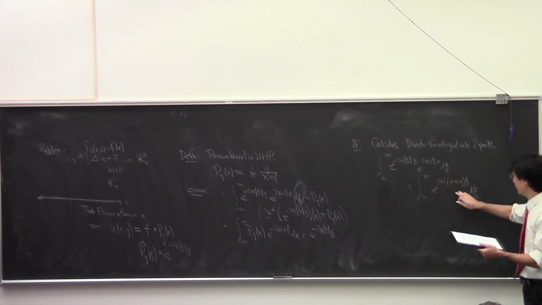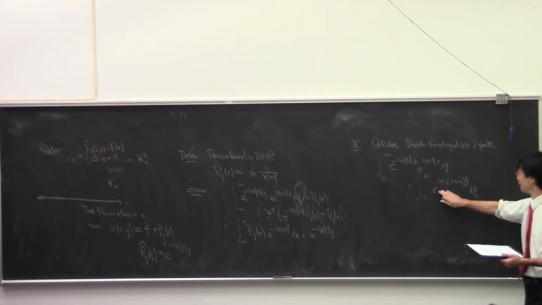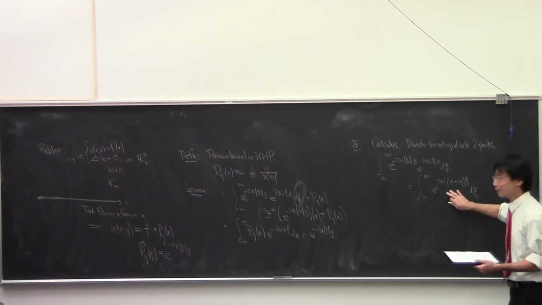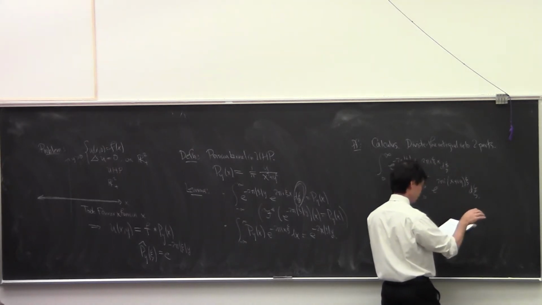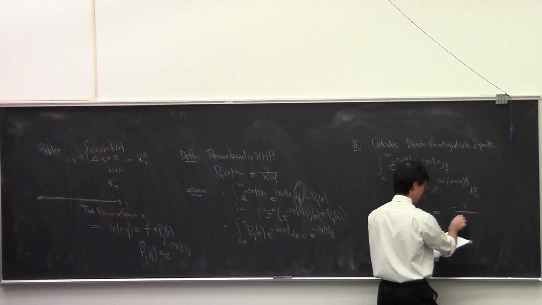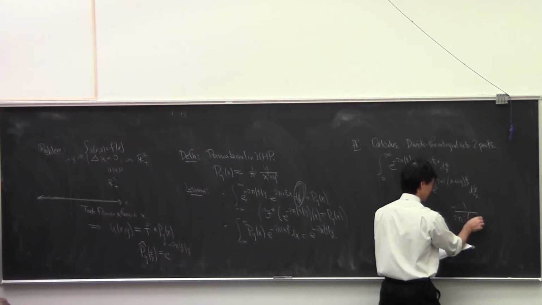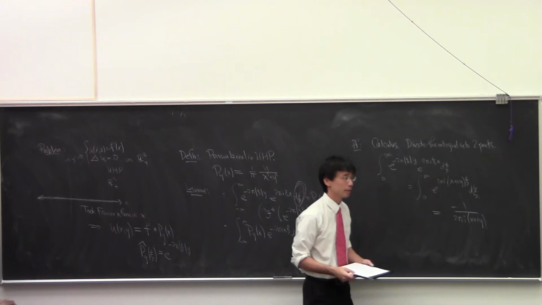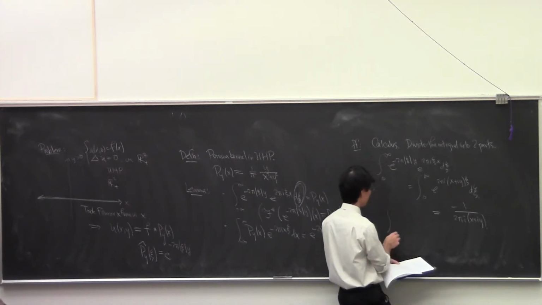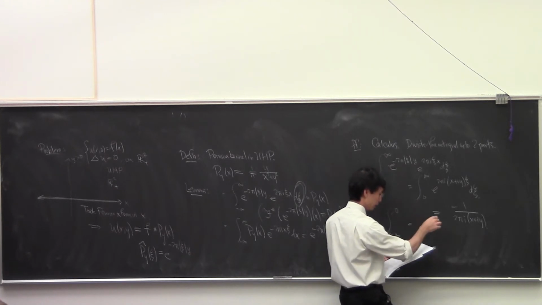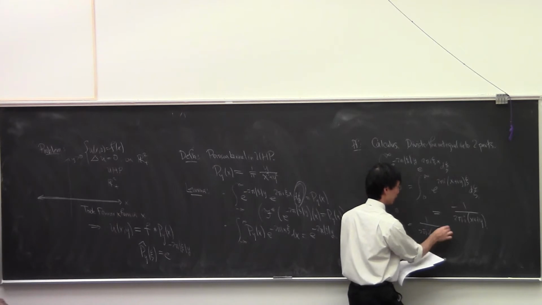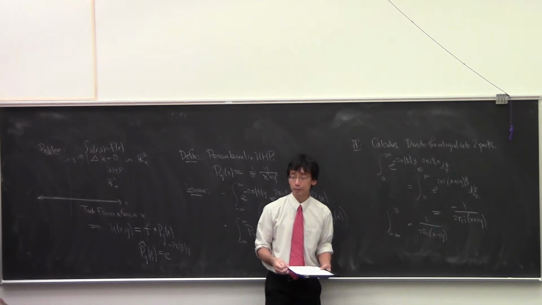Then this is e to the some constant times c, and then you just use calc 2 or 1 or whatever. And you get that this is negative 1 over 2 pi i (x plus i y). And then you do the other guy. The other guy turns out to be 1 over 2 pi i (x minus i y), and then you add this together and you get the Poisson kernel.